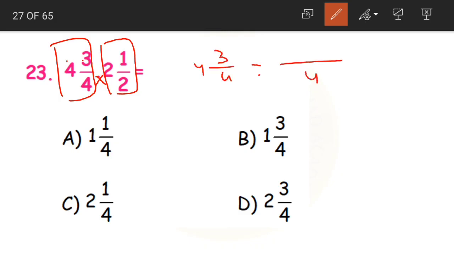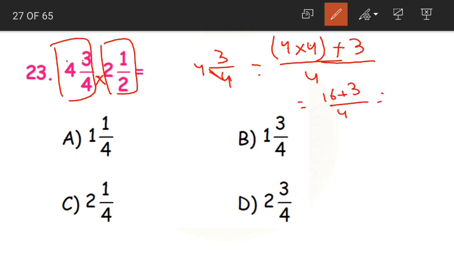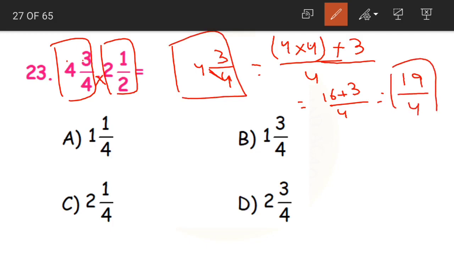The denominator will be as it is. In the numerator, we multiply the whole number by the denominator and to that we add the numerator. 4 4s are 16 plus 3 is equal to 19 divided by 4. 4 3 by 4 is nothing but 19 by 4.